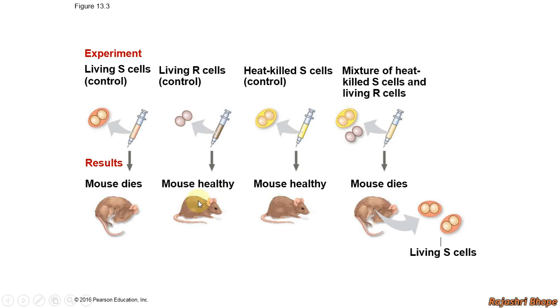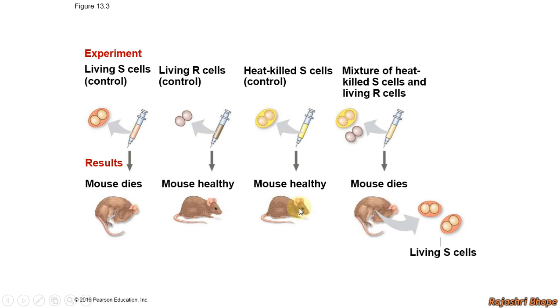The mouse lives, a healthy mouse. He found that the mouse does not die. Then he killed smooth strains, that is the virulent form of Streptococcus pneumoniae, with heat and injected that preparation of dead organisms into the mouse.